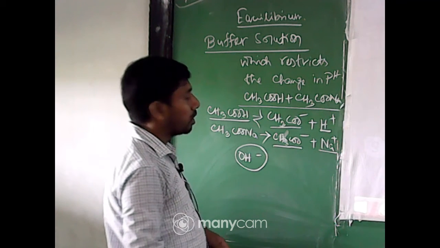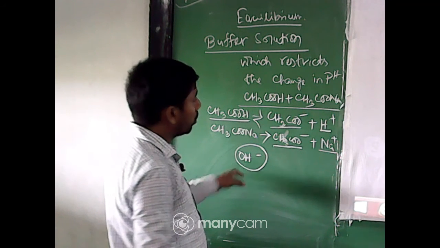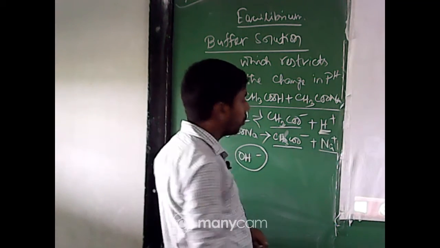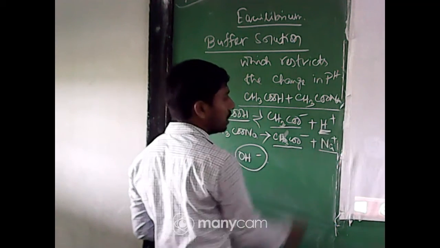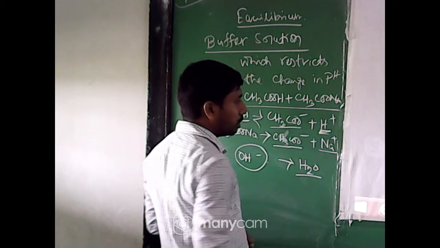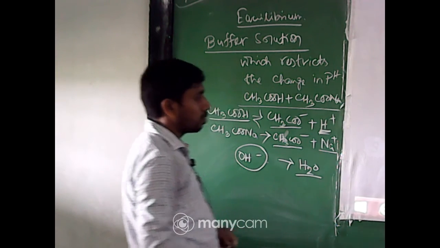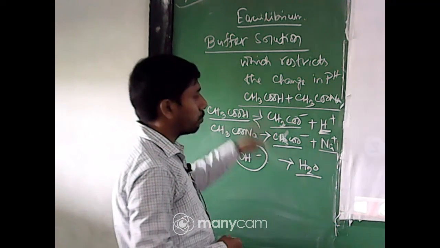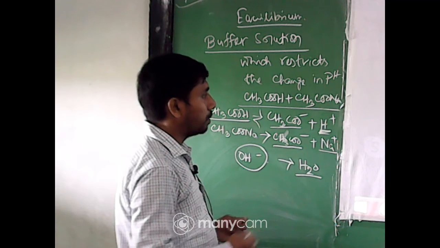Now what will the OH- do? The OH- will combine with H+ forming H2O. We know that H2O is a weak electrolyte. So in this way the pH of the medium can be restricted.